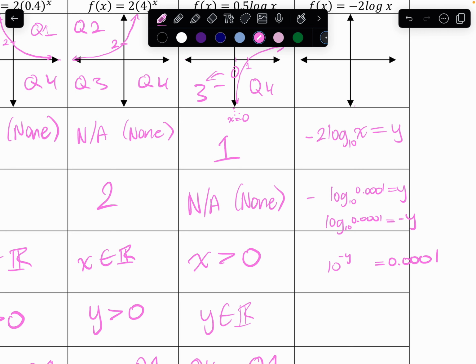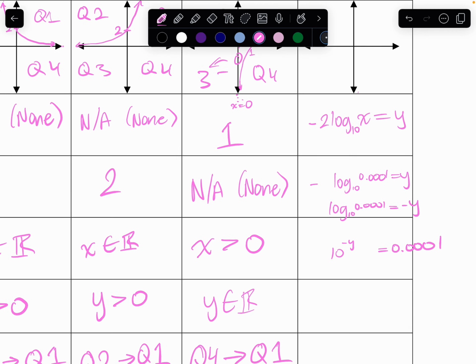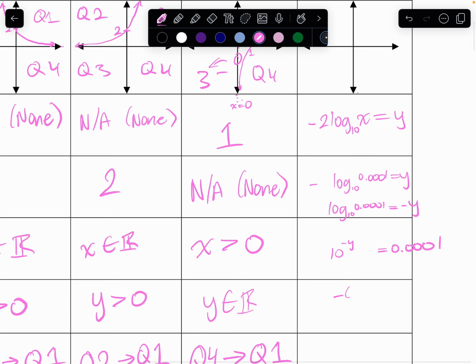Which means that y must be a big number, because it's negative of big number equals big negative number. Sorry, I'm running out of room here if you can't tell.